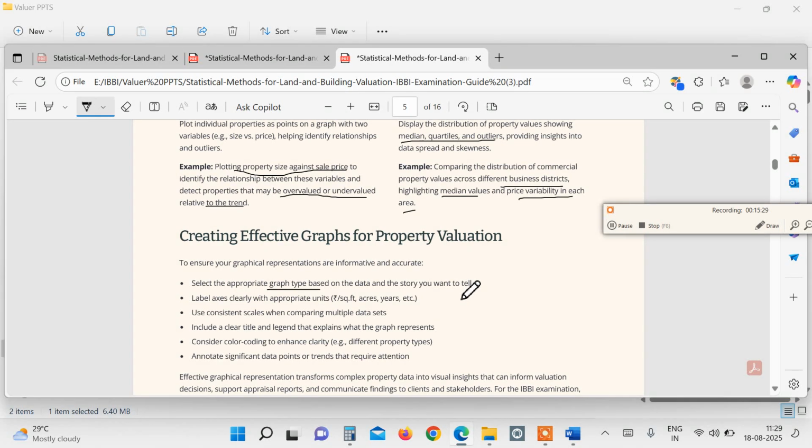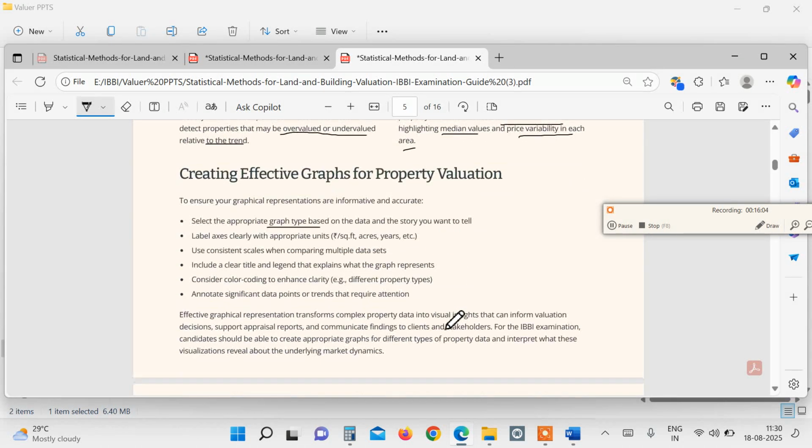Label the axes clearly with the appropriate units, for example, rupees per square feet, acre, or years, etc. Then use consistent scales when comparing multiple data sets and include a clear title and legend that explains what the graph represents. Consider color coding to enhance clarity, for example, using different colors for different property types. Then annotate significant data points or trends that require attention.